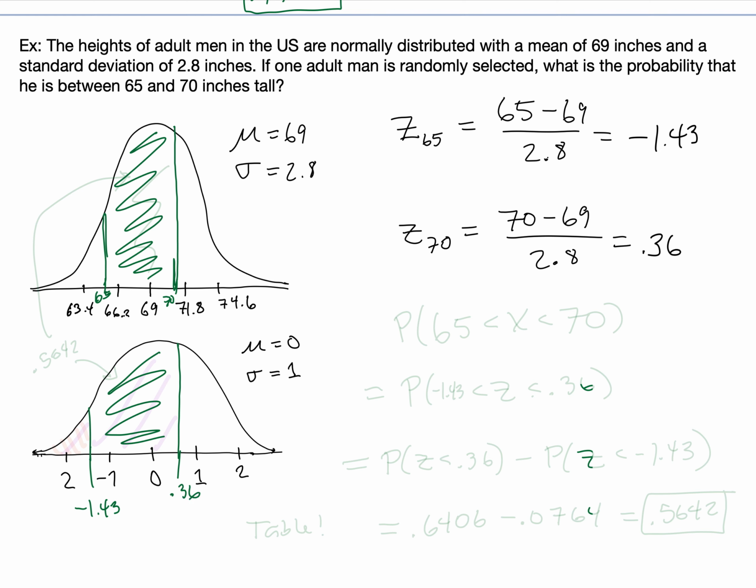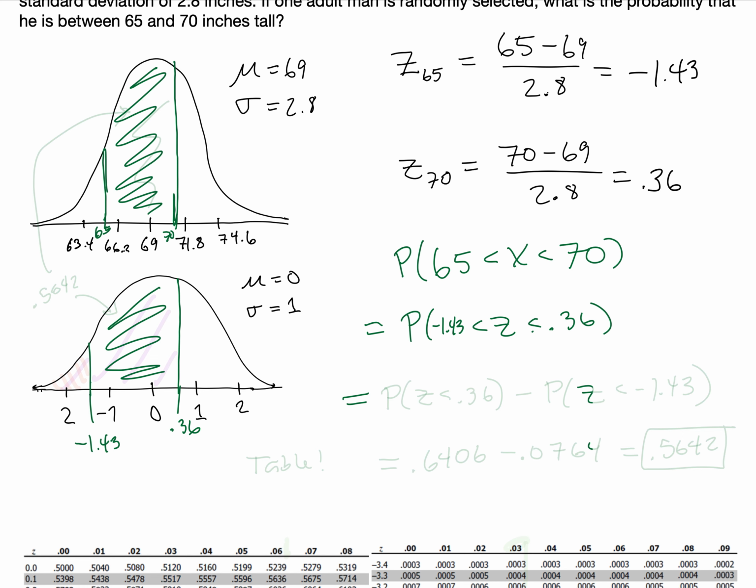And so that means that the probability that x is between those two values, that 65 is less than x, which is less than 70, is equal to the probability that z is between the two values we've just calculated, that z is between negative 1.43 and 0.36. And we know how to find a probability that looks like an in-between.